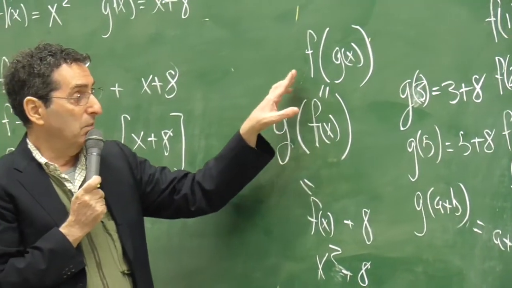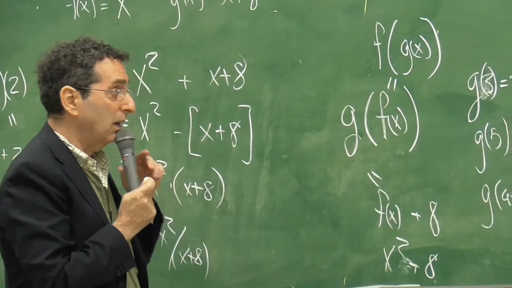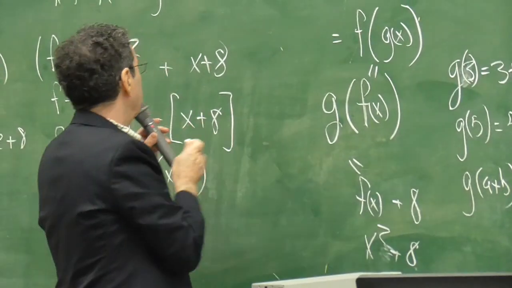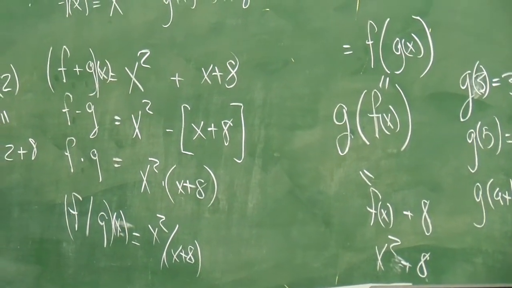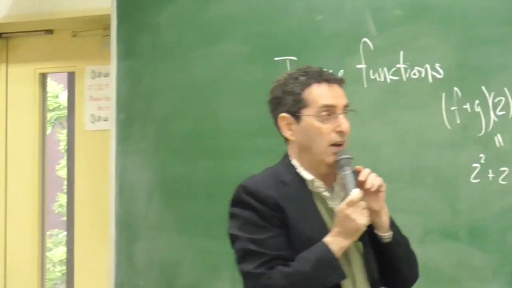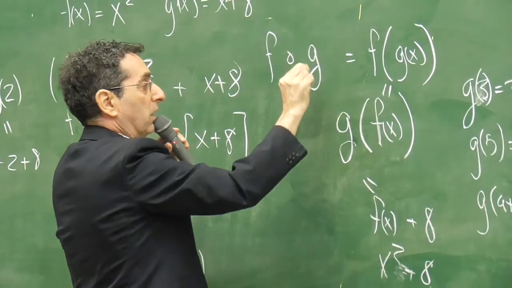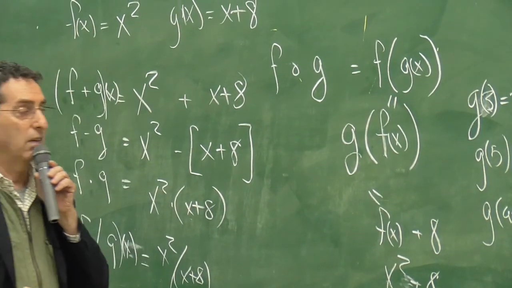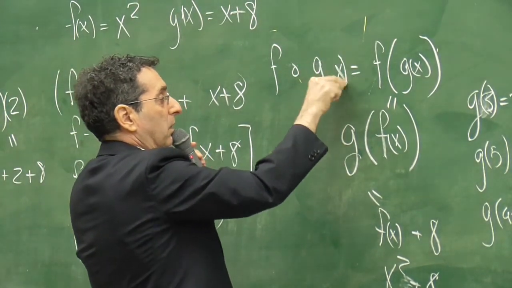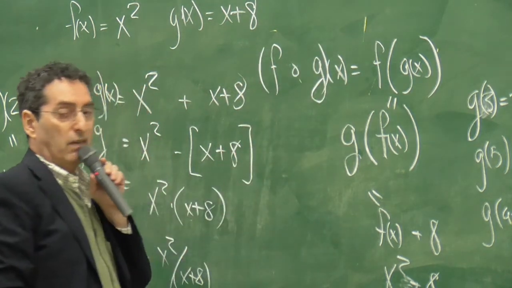Right? So, okay? Now we have this kind of symbol for this, and the symbol is f circle g. Okay? So, I guess we'll do this again. Okay?